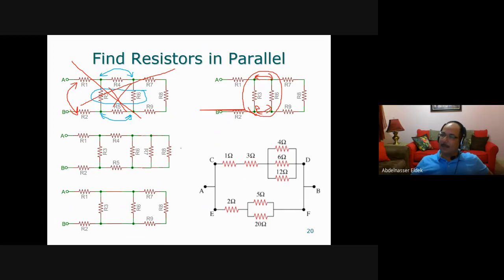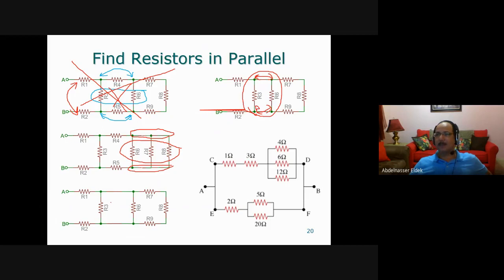For this example, these three are parallel to each other. Why? Because they are connected from here and they are connected from the other side. You don't have any other two resistors in parallel on this circuit. You cannot say again R4 and R5 are parallel, because they are not connected from both terminals.